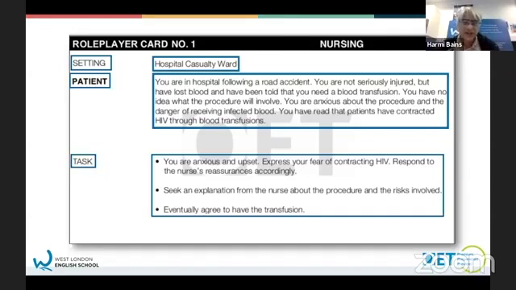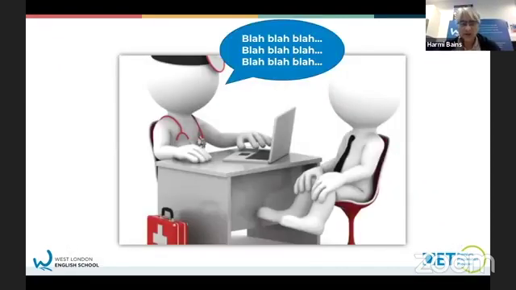So you can see that the patient also has tasks to do, and it's not you talking for 5 minutes. I'm not sure if you understand this, but this is what you shouldn't do. In this consultation, it's not you talking for 5 minutes. That's really not what they want.